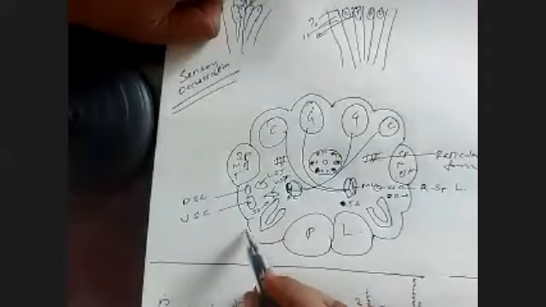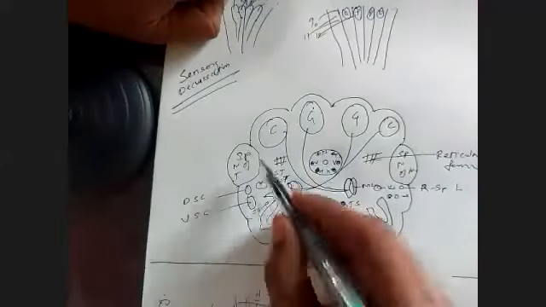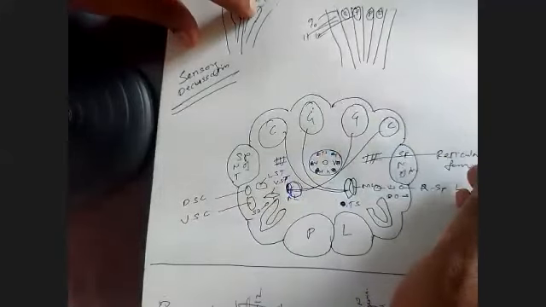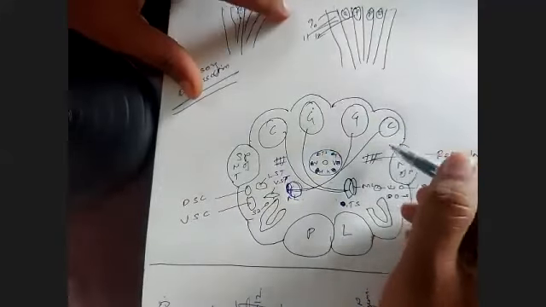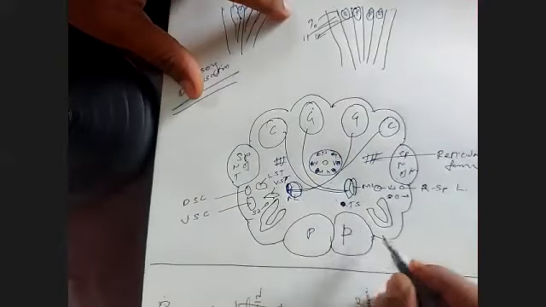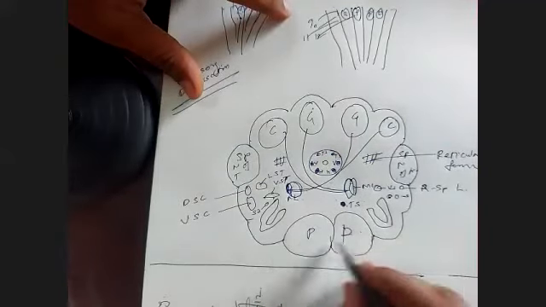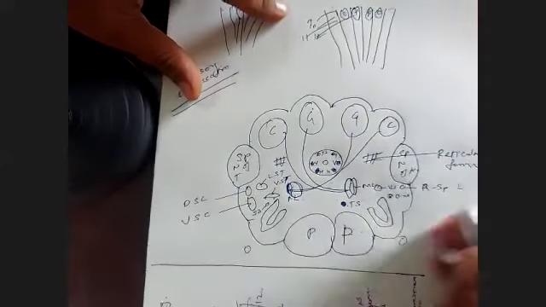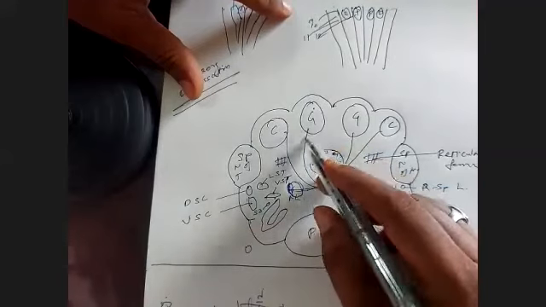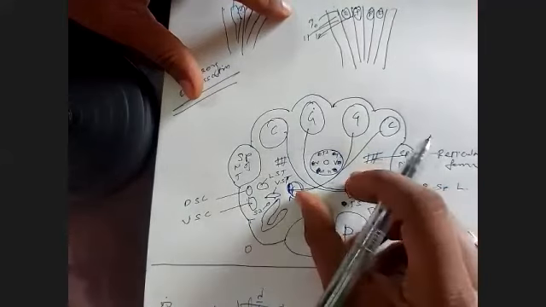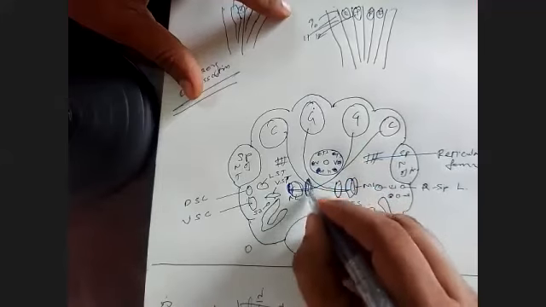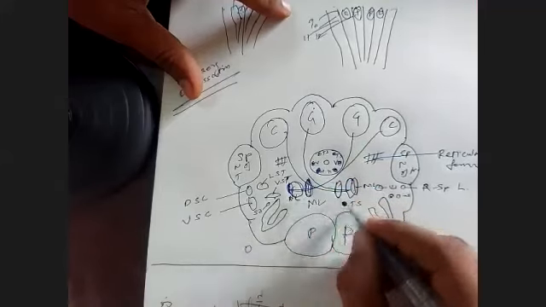In this section, which is called the section at the level of sensory decussation, we draw two swellings on the anterior aspect and two swellings on the posterior aspect. Posterior aspect swellings are gracile and cuneate nucleus, and anterior aspect swellings are the two pyramids and two olivary swellings. The main thing we show is the fiber going to the opposite side, and in the midline, ideally this should be shown at this level only, forming the medial lemniscus.